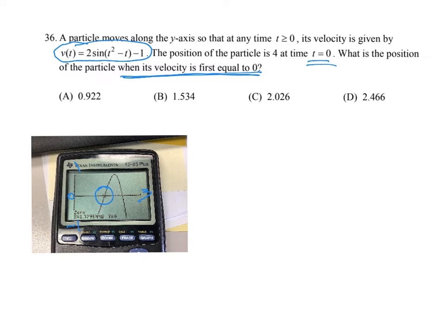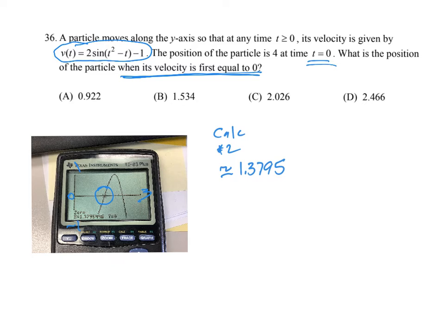I used the Calc menu and number 2, which is zero, and I answered the questions, and it popped up with approximately 1.3795. And that's the place where it equals 0. Now, that's not our answer. That's just where we want to end our accumulation.